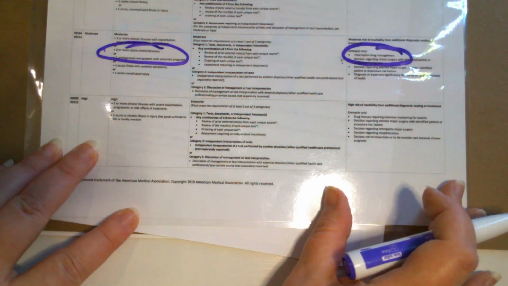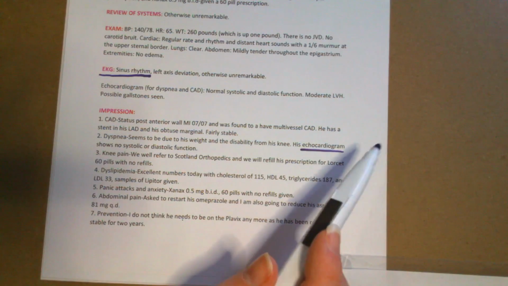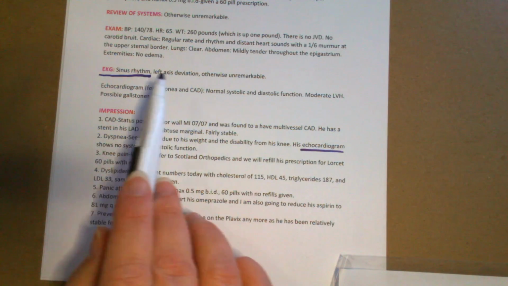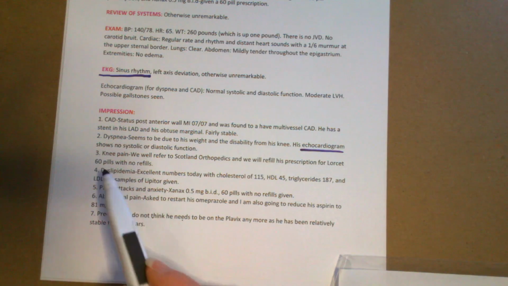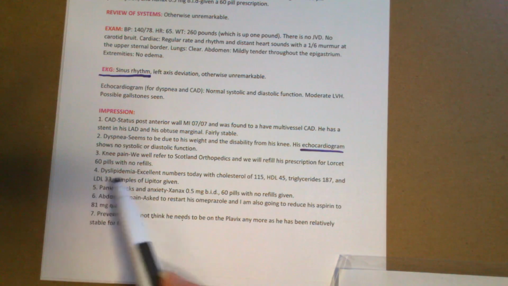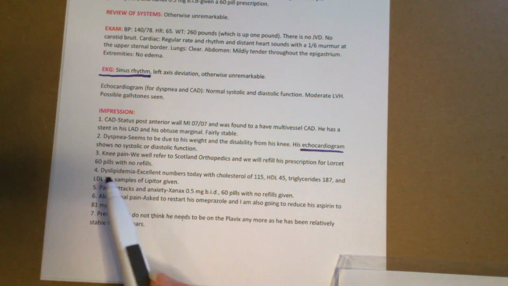But just for the sake of also scoring that out, we did review that EKG. So I do want to make sure that I show you guys that we are going to look and mark the EKG on here as well. So we have the echocardiogram, we have the electrocardiogram, we have some labs here that he reviewed. It looks like his lipid panel, I'm going to assume this is, which would count as 3 bullets here under our category 1.